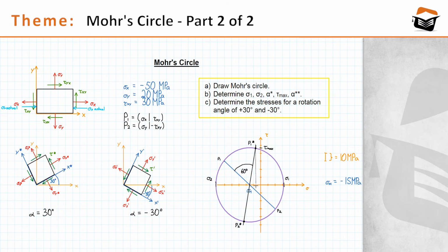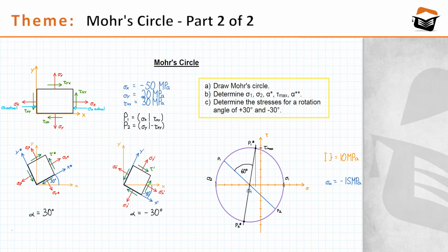So this line, I would say, looks vertical, and if you use the scale that we talked about in the previous video, you will determine that the stress value sigma x star should be roughly minus 7.5 megapascal.